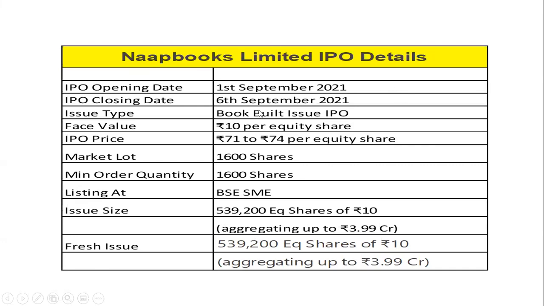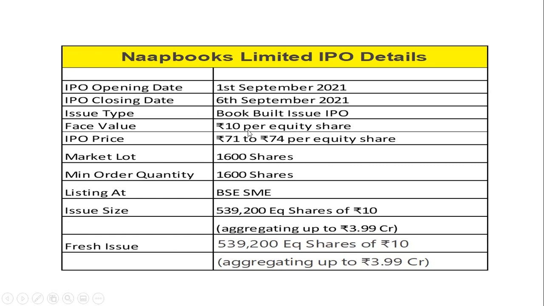The IPO opened on 1st September 2021, and the closing date is 6th September 2021. They are going for the book building approach where a price range is given, and the price range is 71 to 74 per share.